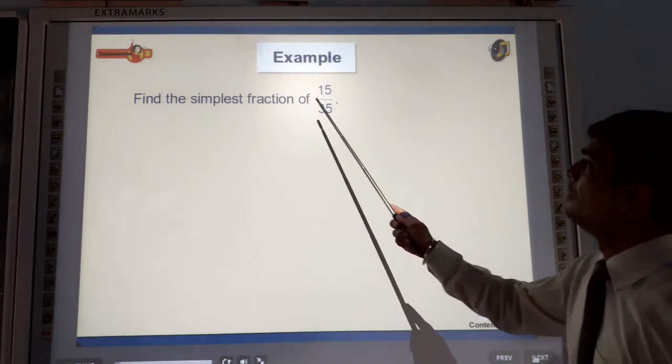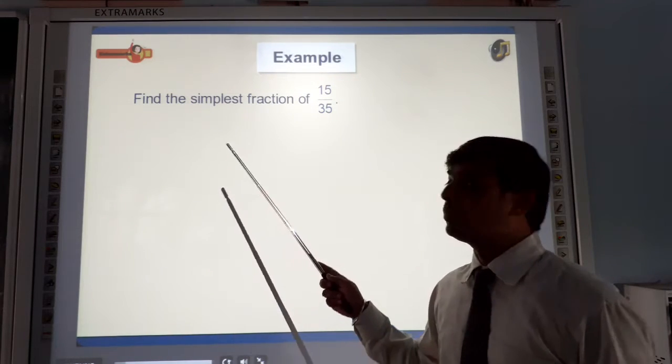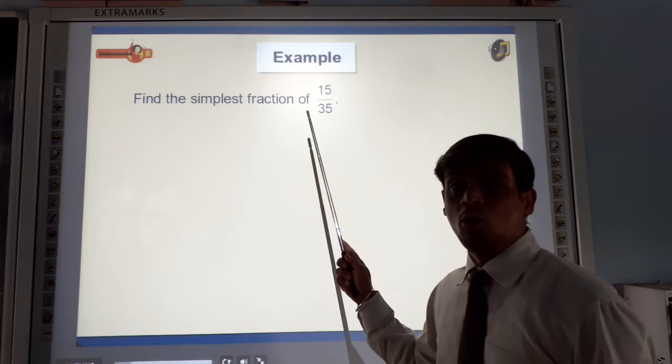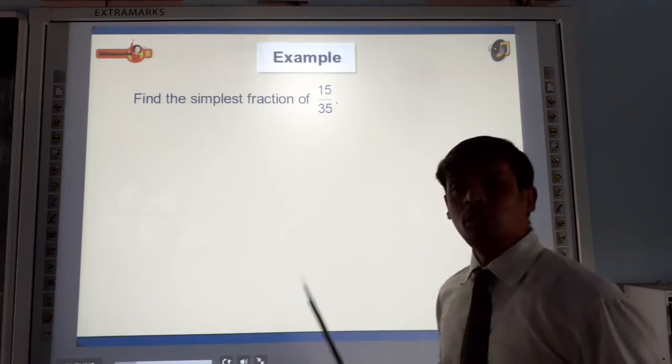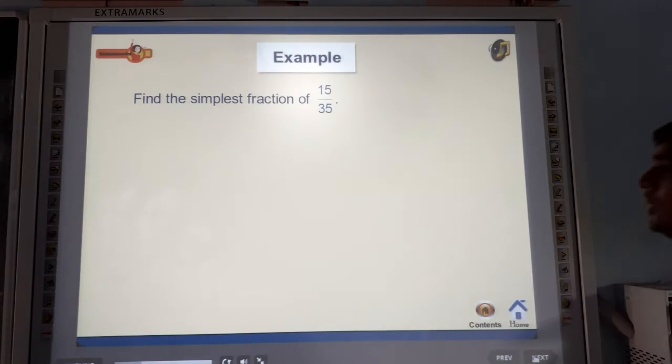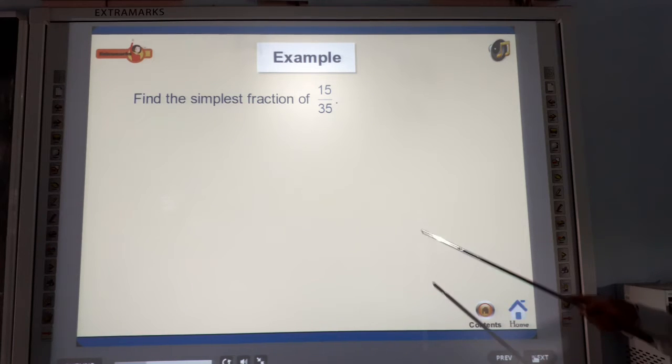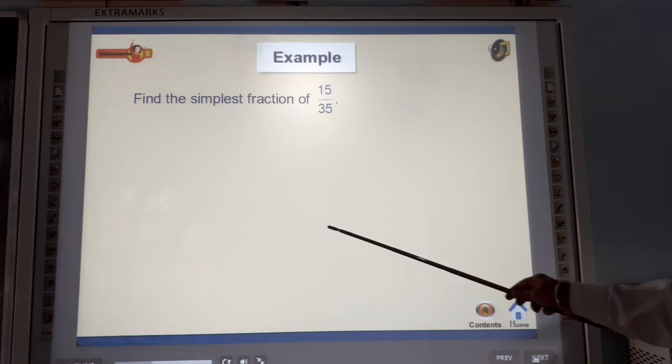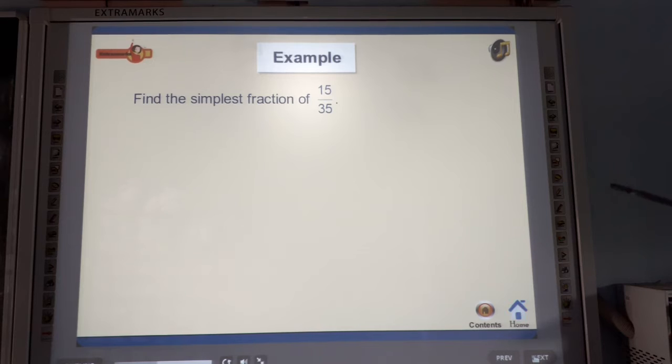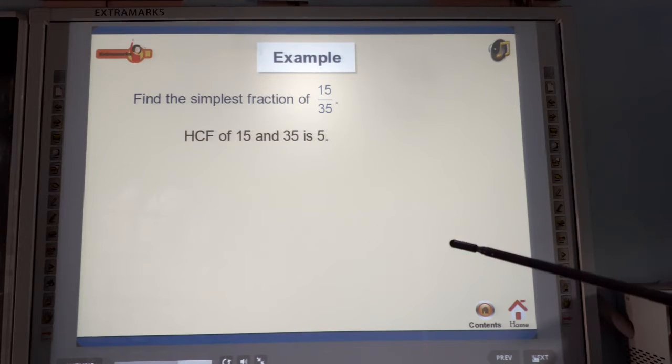For example, find the simplest fraction of 15 upon 35. Okay. Look at this. 5 threes are 15 and 5 sevens are 35. HCF of 15 and 35 is 5.